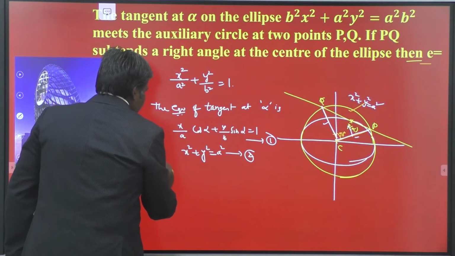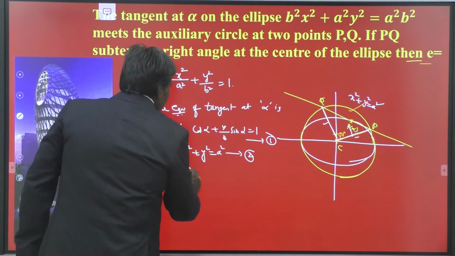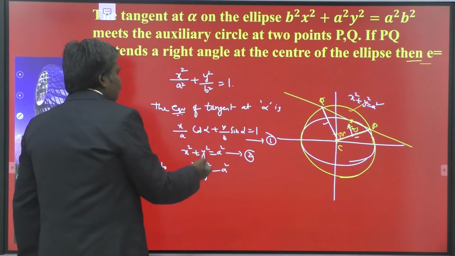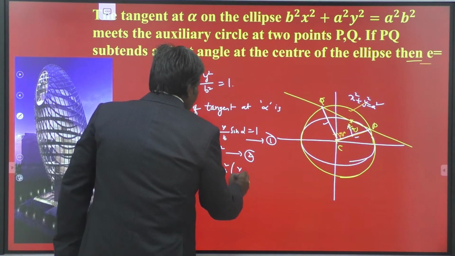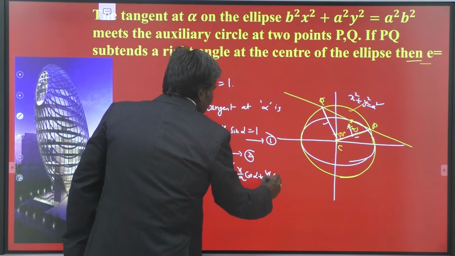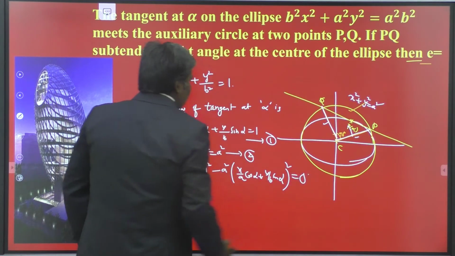What we obtain? By homogenizing 2 with respect to 1, we get x square plus y square minus a square times 1 square, where 1 square means x by a cos alpha plus y by b sin alpha, the whole square, is equal to 0.